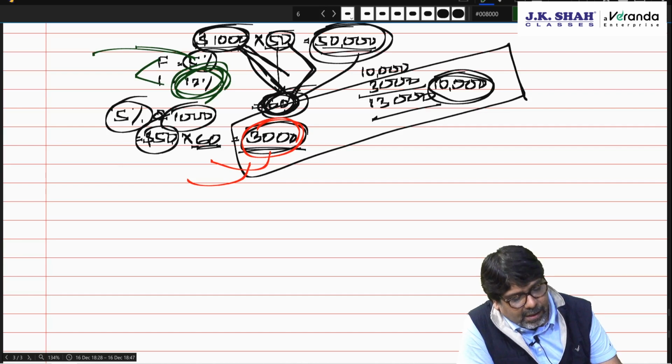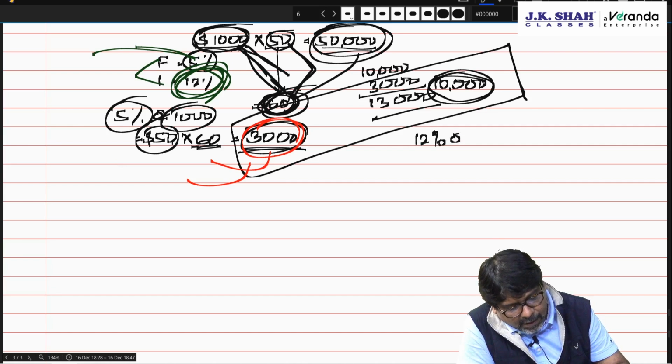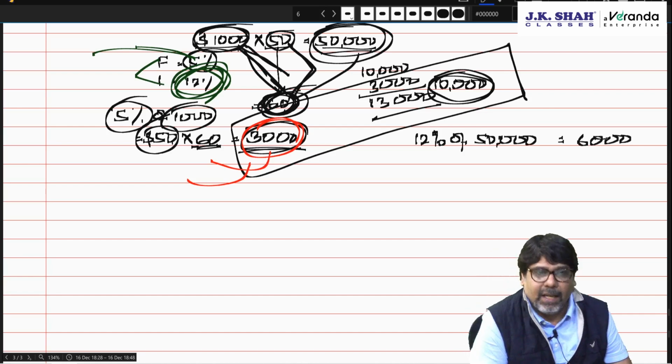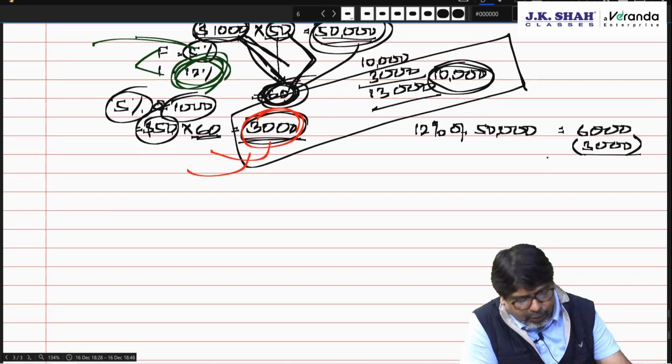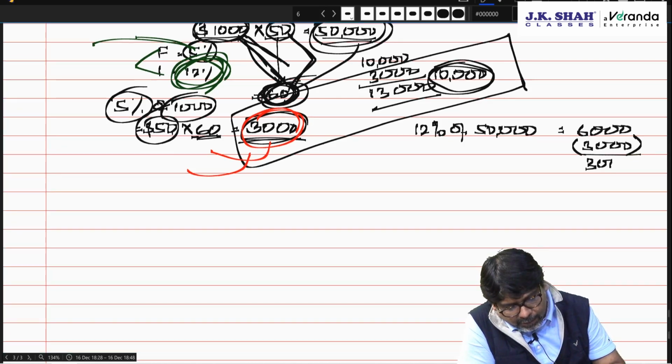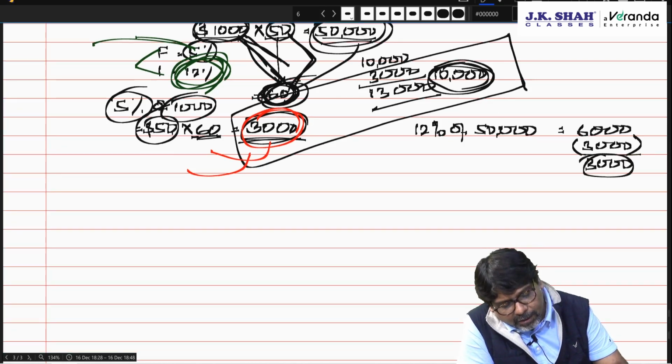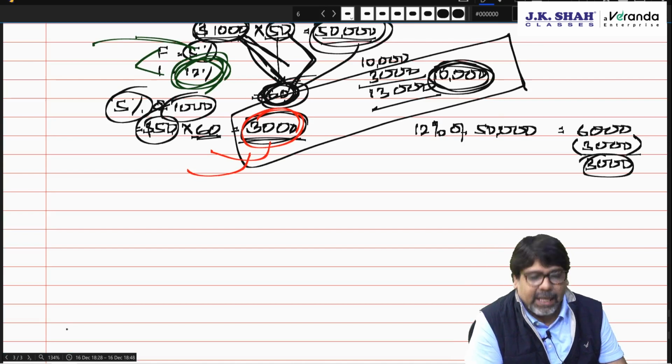Now I am saying that if you had taken a loan from India, you would have paid 12% of 50,000, that is 6,000 interest. Abroad, how much interest are you paying? Only 3,000. So since you had taken the loan from abroad, how much interest did you save? 3,000. But how much is your exchange loss? 10,000.